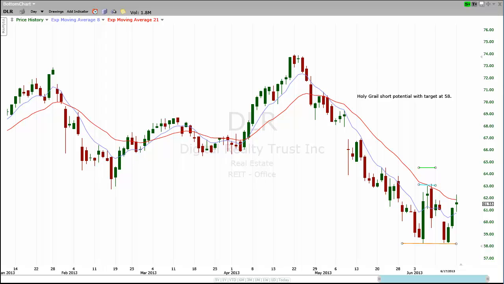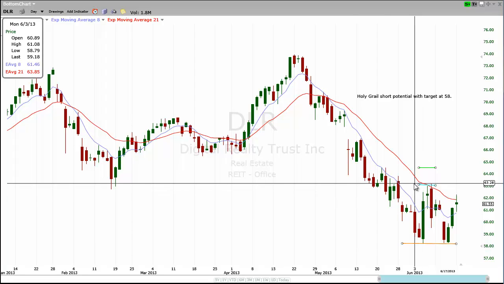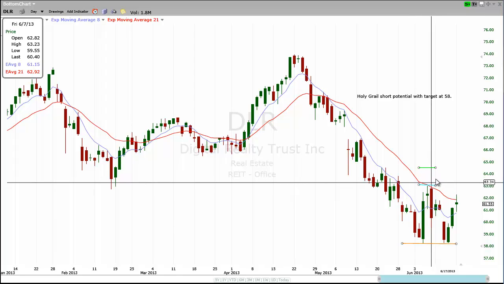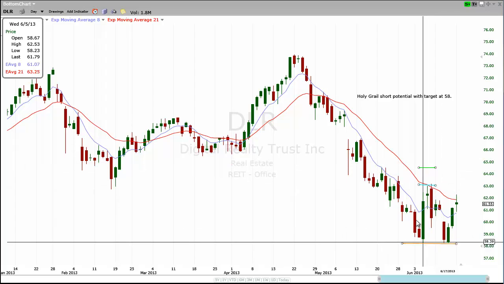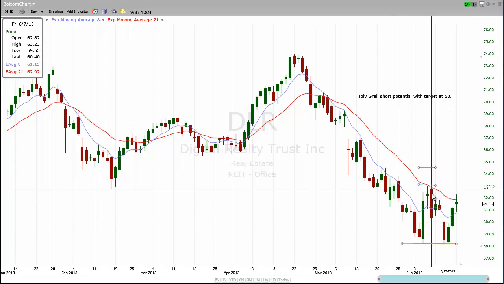So first of all, let's see here, DLR. It was maybe a couple weeks ago where I had an idea where I was short against the EMAs as a feeler with a stop up here with a target down here, and it was pretty much spot on, and it pretty much happened the next day.